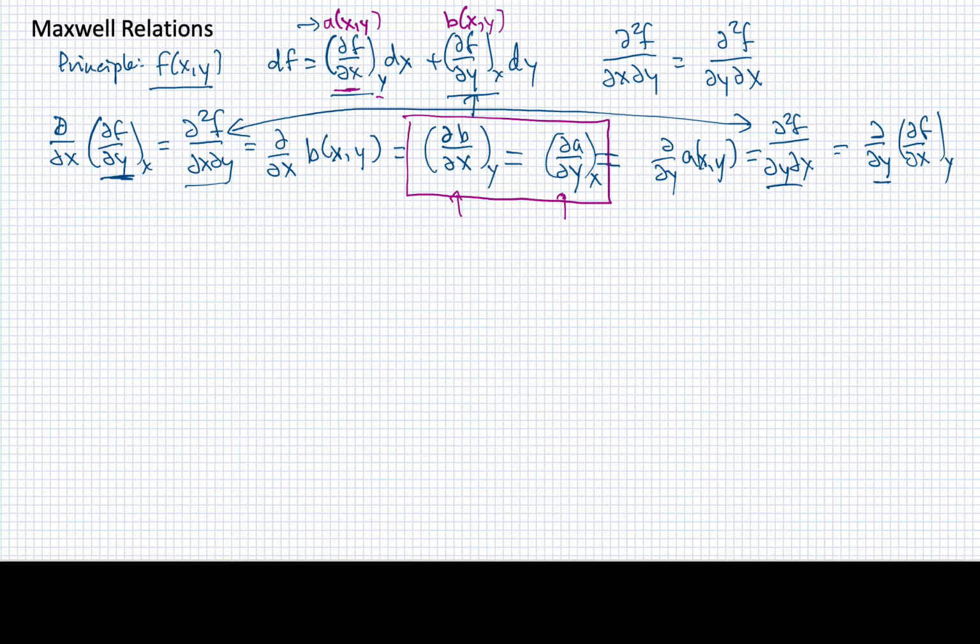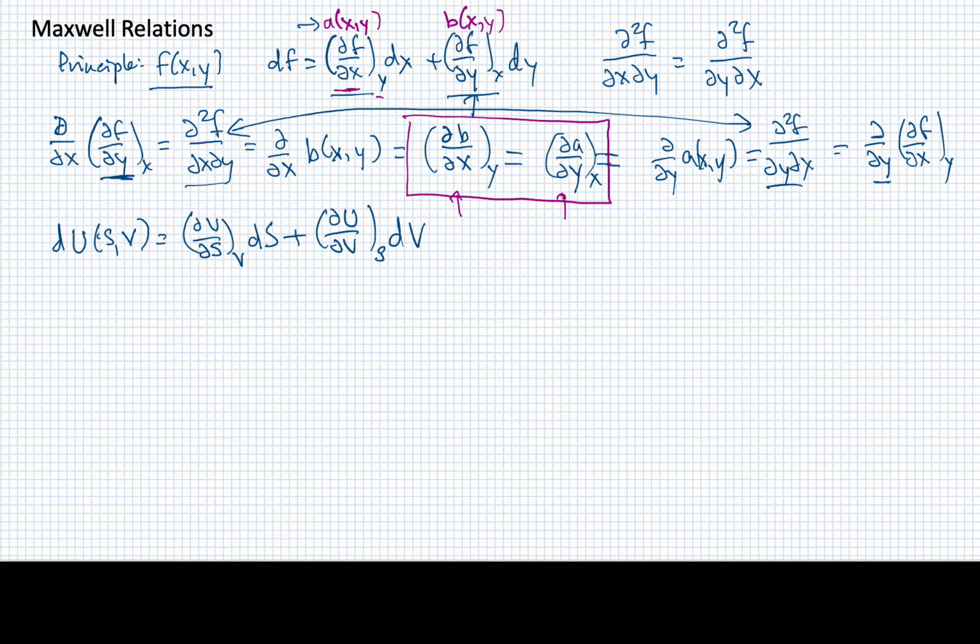All right, what I want to do is start with the internal energy. In internal energy, I would have, for example, a function that is a natural function of S and of V. And I know that when I write down its total differential, it's going to be the partial of U with respect to S at constant V, dS, plus the partial of U with respect to V at constant S, dV.